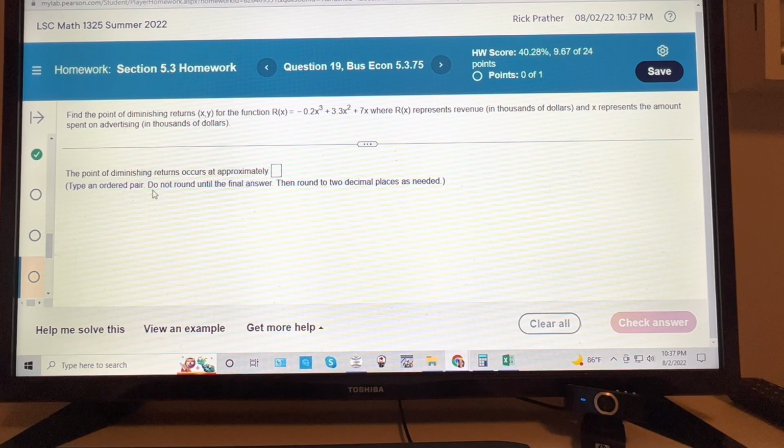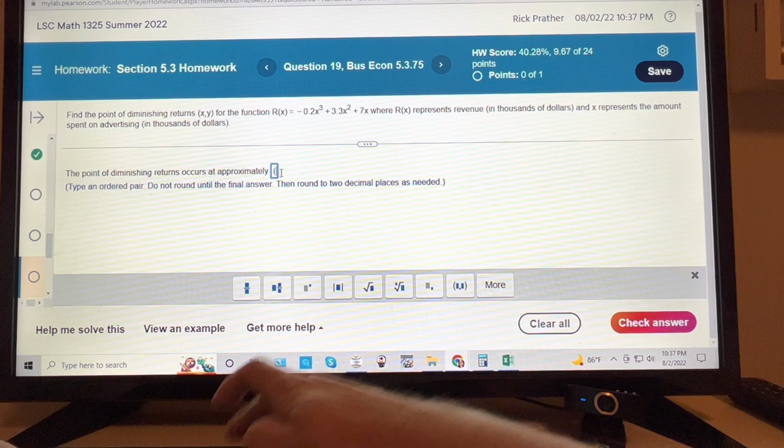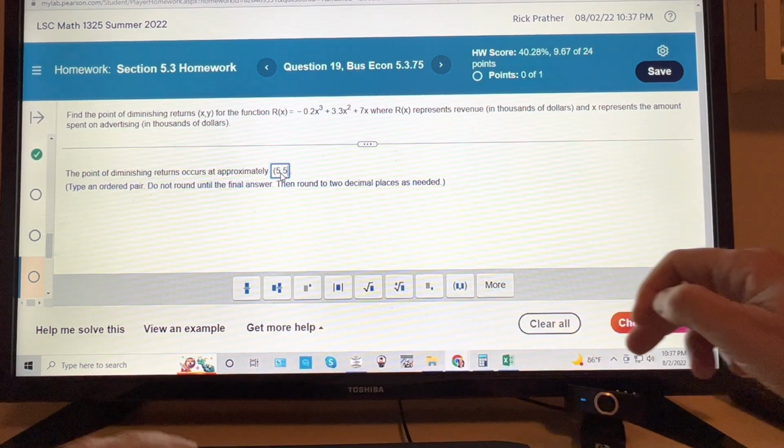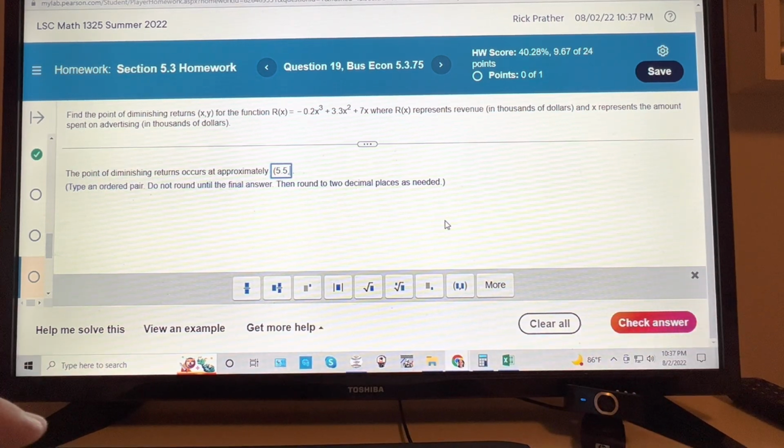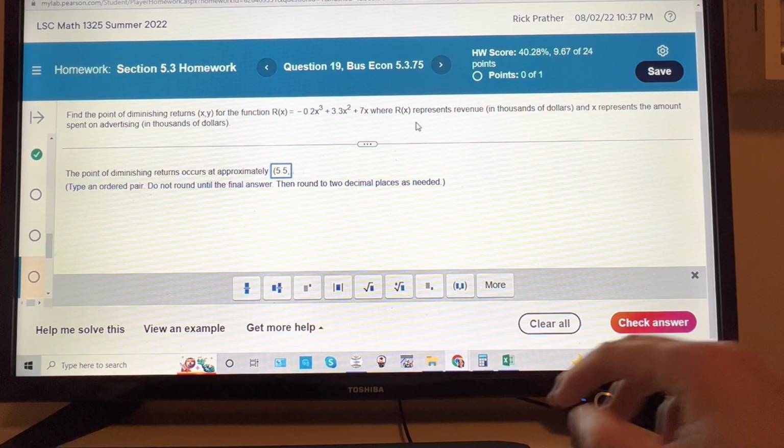See, type an ordered pair. X is in thousands of dollars, so we're talking $5,500, but I think they just want you to put 5.5 still, and it would be converted to thousands later. So to get the y value, anytime you need a y value to any of these answers, it always comes from plugging it back into the original.